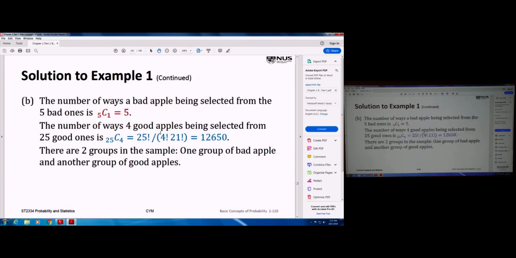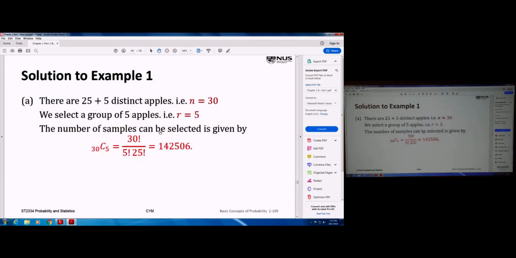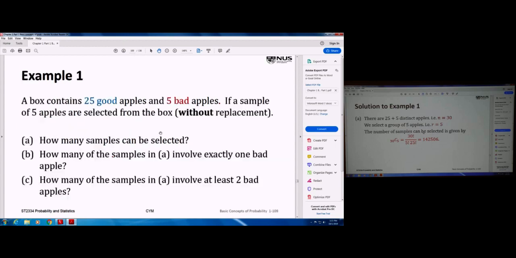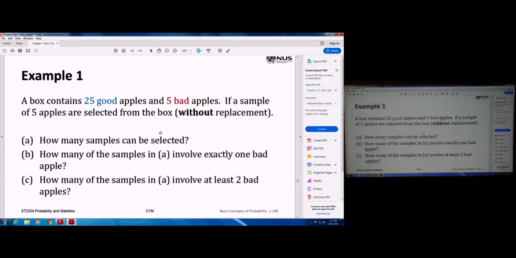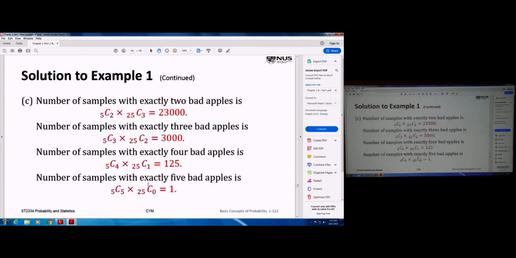Okay, part C. I promised to finish this before the end of the lecture. Part C, how many of the samples in A involve at least 2 bad apples? We've selected the apples and now we've got to choose a case where there are at least 2 bad apples. So at least 2 means 2, 3, 4, 5. We're repeating part B for 2, 3, 4, and 5.